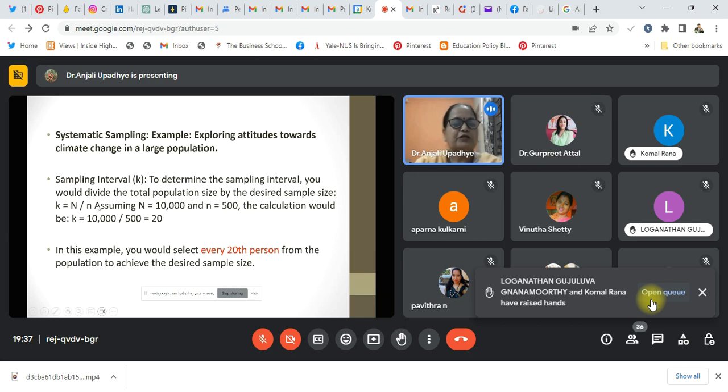Suppose my population size N is 10,000 and n is equal to 500. Then 10,000 upon 500 will give me k equal to 20. Then every 20th person is my desired sample. According to this, we calculate our sample size in systematic sampling. This is a very easy way of doing systematic sampling.